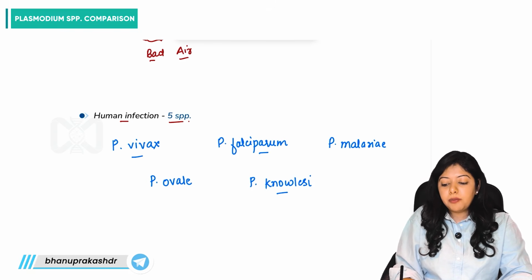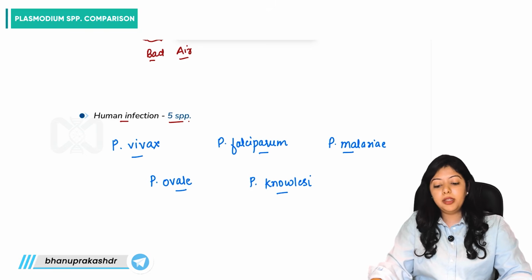So these are the 5 species which are responsible for human infections.